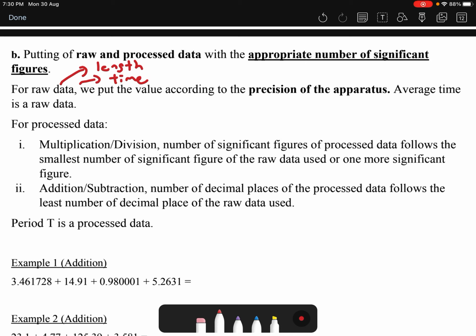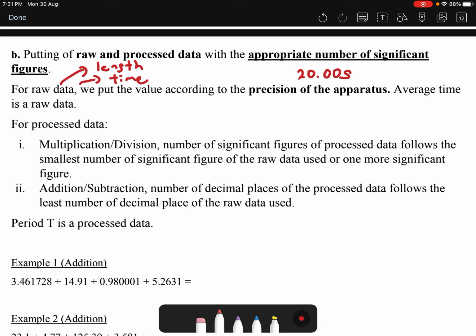So whenever you write the timing, let's just say your timing is exactly 20 seconds. You cannot put 20 then put a second here. You must give me 20.00 second. So they will specifically look out for this kind of thing, right?